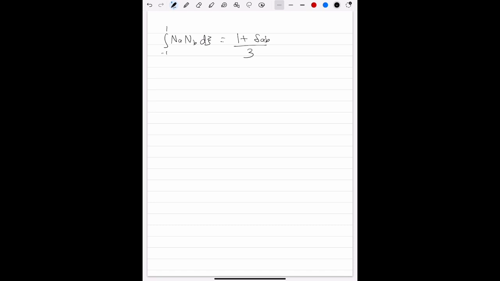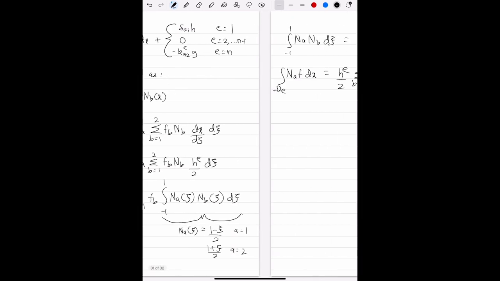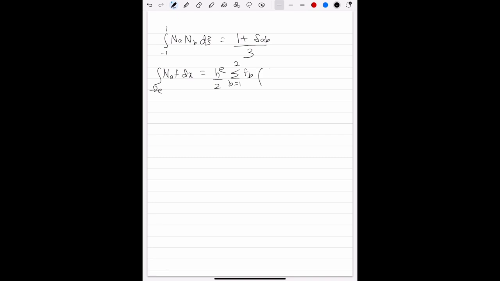Now when we substitute this into the equation, we can show that the integral of Na times f dx over the domain omega e can be written as he over 2 times summation b equal to 1 to 2 fb times this integral over here, which we now know can be written as 1 plus delta AB divided by 3.